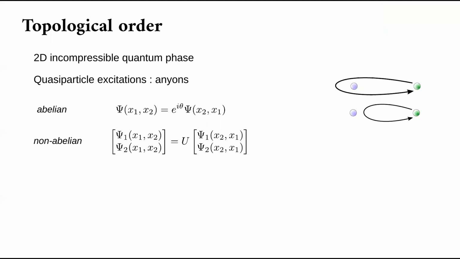You have abelian anyons, where when you exchange the two anyons, you acquire a phase, which is just a scalar number, a complex number. Or you have non-abelian anyons, where it's not enough to specify the position of all the anyons in the system to fully specify the quantum state. You have this degeneracy represented by two wave functions, psi1, psi2, and doing an exchange operation in your system of anyons will do a rotation in this degenerate manifold.